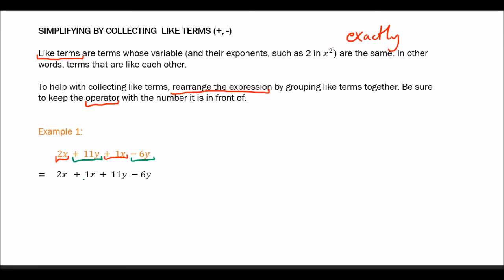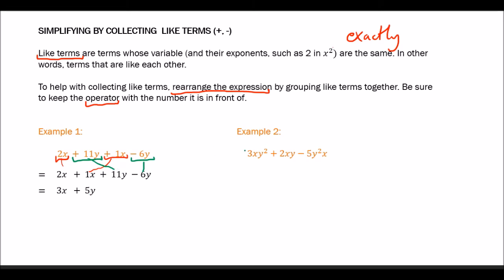So 2x and 1x have been put together here, and 11y and negative 6y together there. Solving that: 2x plus 1x equals 3x, and 11y minus 6y equals 5y. Easy.